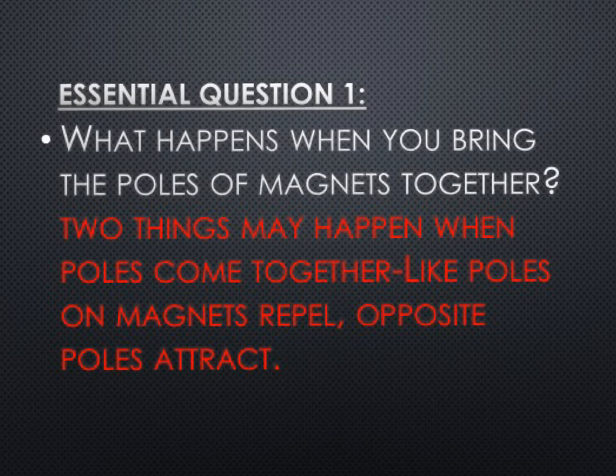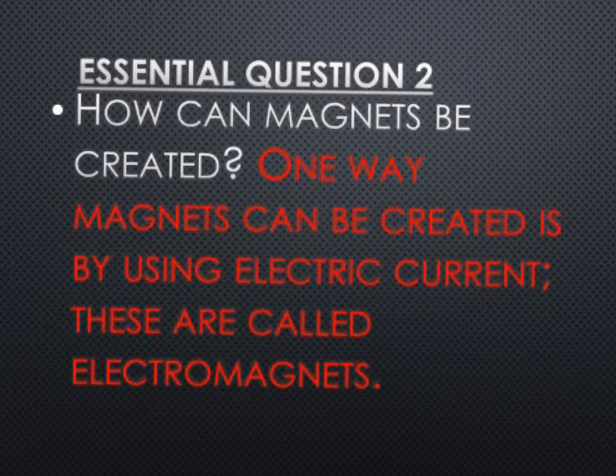All right, in tonight's lesson, we've looked over three important questions. The first question we asked is what happens when you bring the poles of magnets together? We learned two things may happen: the poles can come together or attract. Like poles repel, and opposite poles attract. We also learned how magnets can be created.